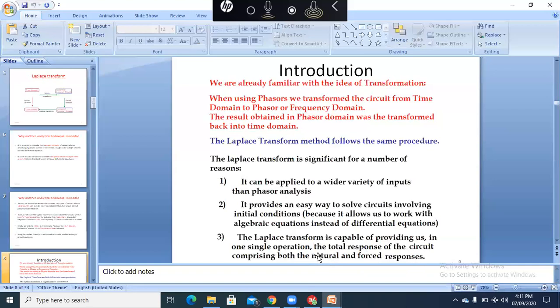So we can say that we can take into account the behavior of the circuit as a whole when we use the Laplace transform.